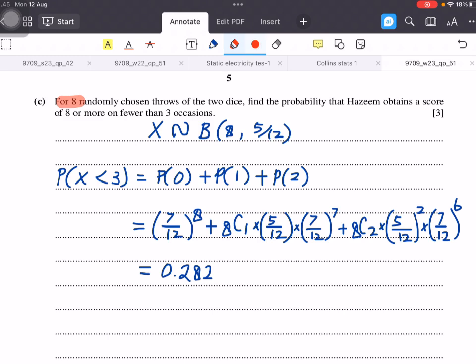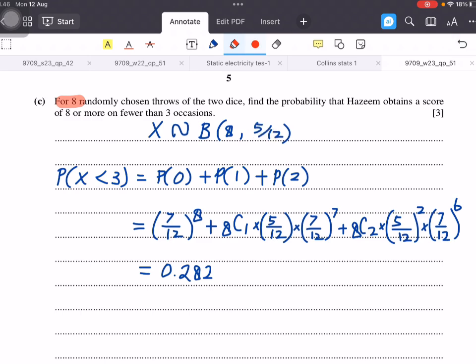So this is the case of binomial distribution. X follow binomial distribution with 8 independent trials and probability of success is 5/12.